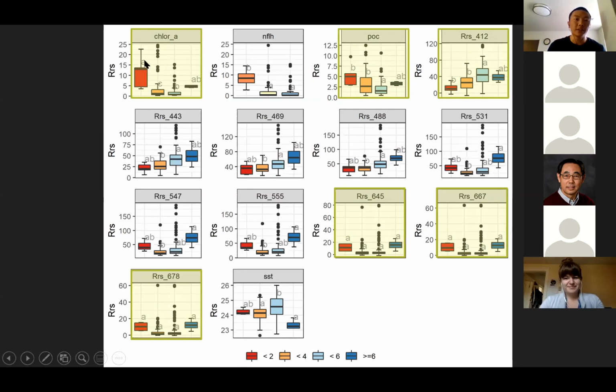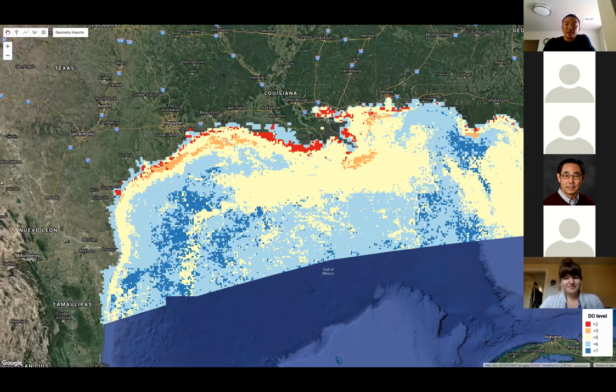If the letters here are different, it means these two groups are significantly different from each other. So here you can see we can identify this band. After that, we input the data into the model and trained the model, took the 2017 example, and generated this map.